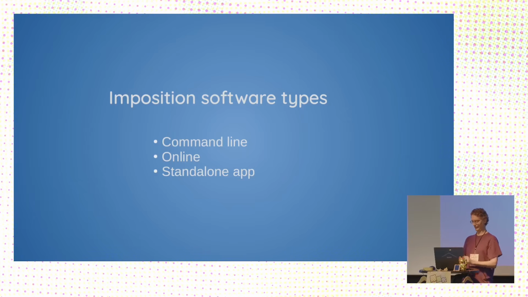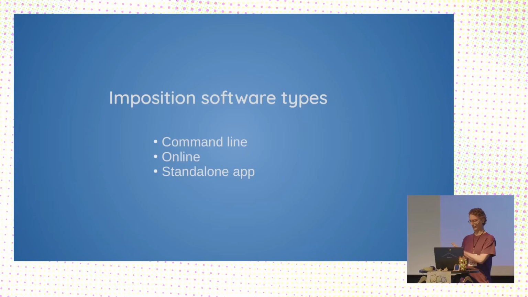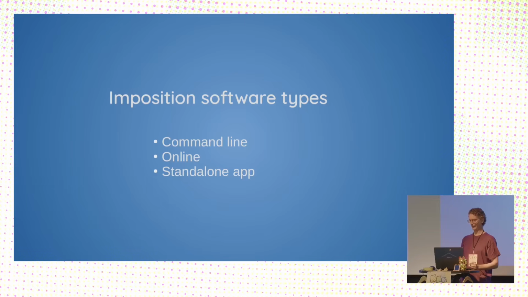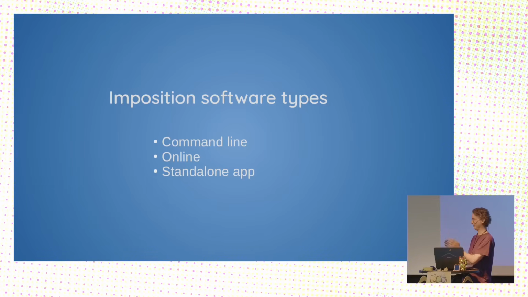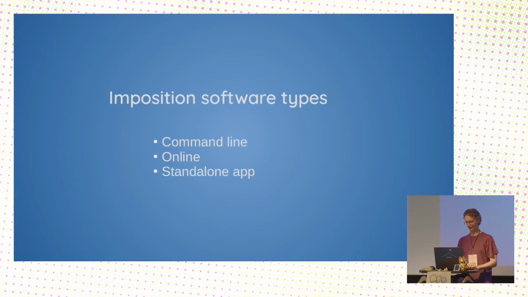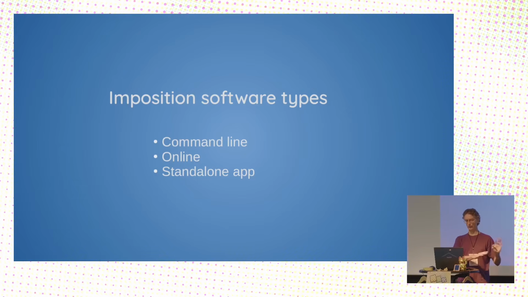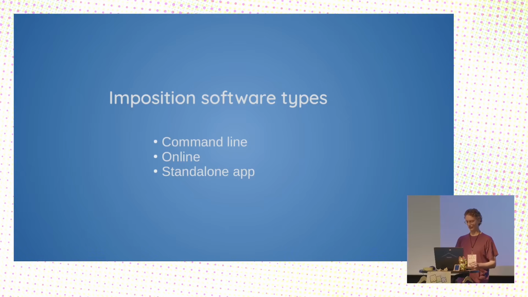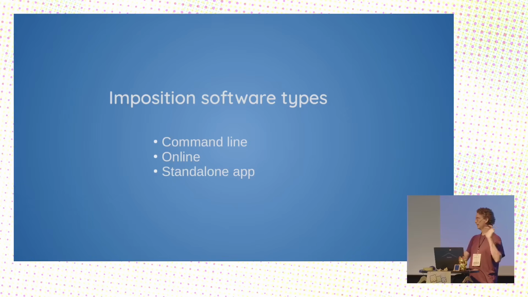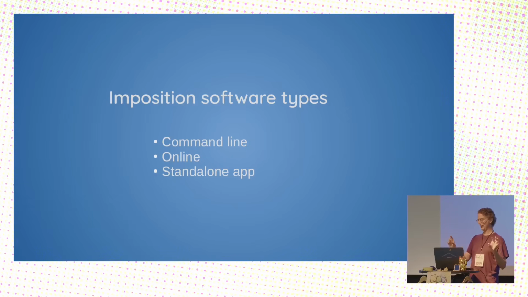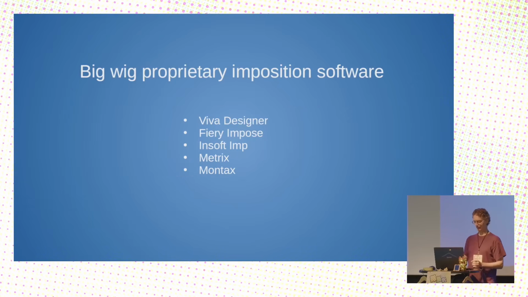That runs on some text configuration files. TeX and LaTeX has some other stuff, but that's a whole universe unto itself that I very rarely visit. Other people have rolled their own imposition tools for specific pipelines. So command line tools are pretty common. There's a few online ones, and there's standalone apps.